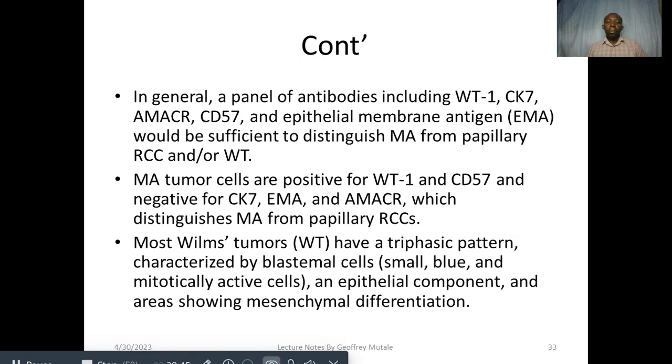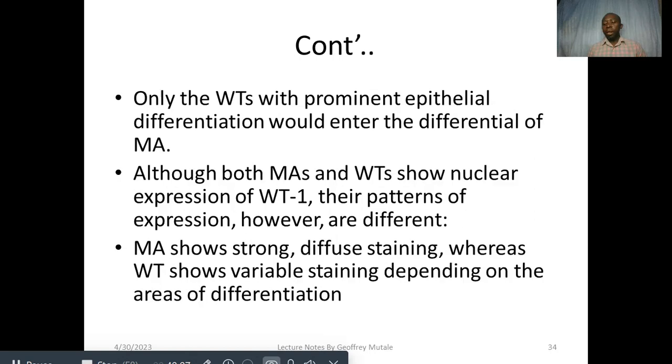So most Wilms tumors have a triphasic pattern characteristic, which is illustrated by blastemal cells, and these are small blue and mitotically active cells, and epithelial components and areas showing mesenchymal differentiation. Only the WTs with prominent epithelial differentiations would enter the differential of MA.